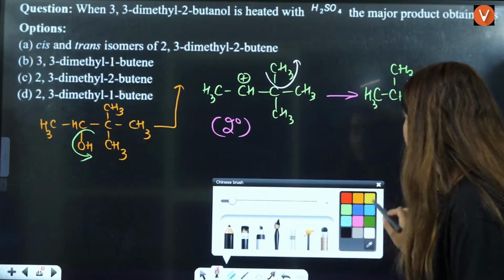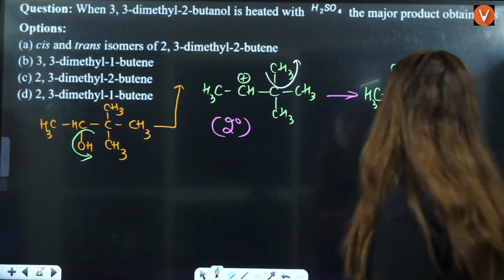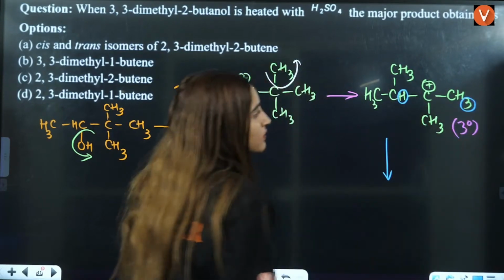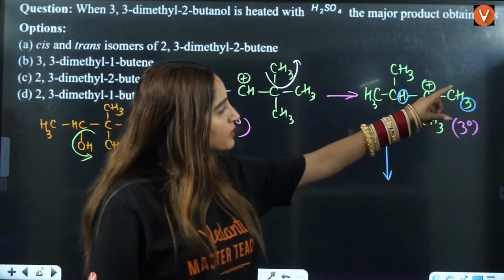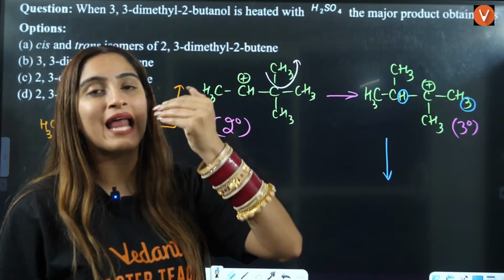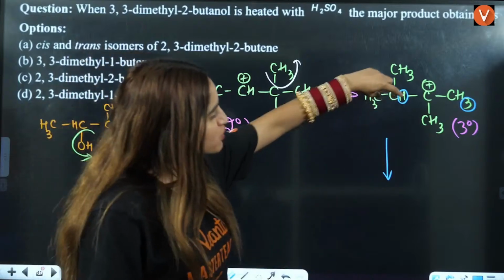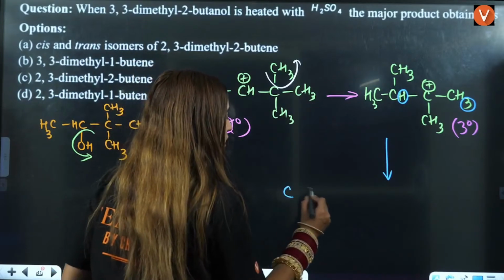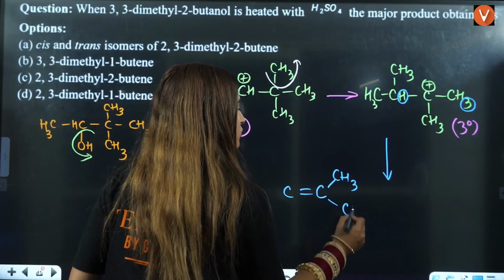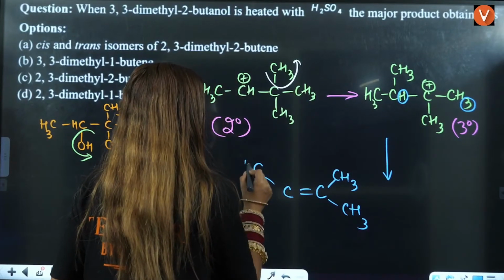Right? Now, because dehydration you have to do, either hydrogen you can take from this side or from this side. If you take it from this side, here you will have a double bond. According to Saytzeff, you need to have the more alkylated alkene. So that is only possible here. So the answer will be C double bond C, with CH3 here, here, and here also.